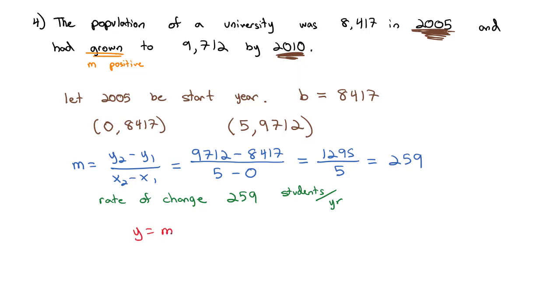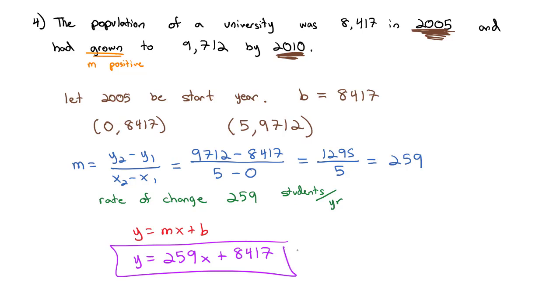So if y equals mx plus b, we can say our y is equal to the slope, 259 students per year, plus the initial 8,417 students. And this now becomes an equation that we can use to estimate the number of students at another given year.